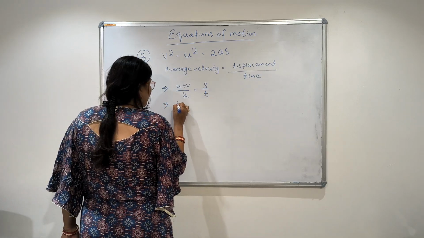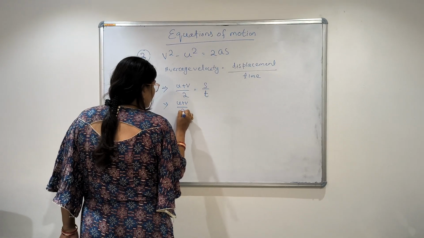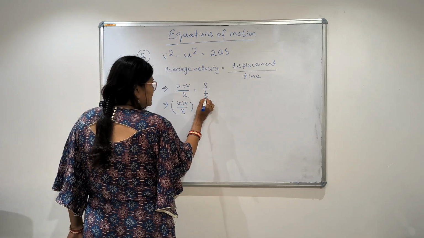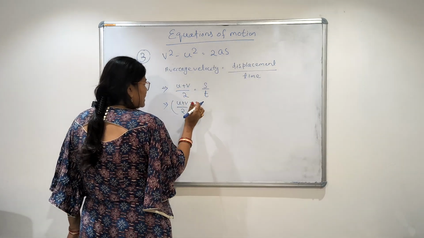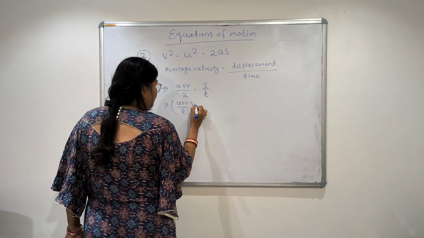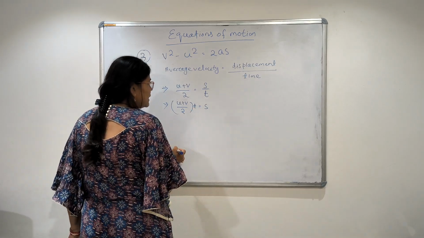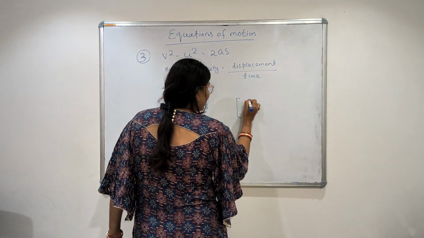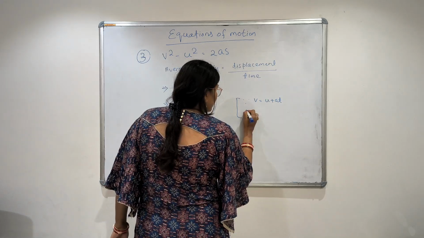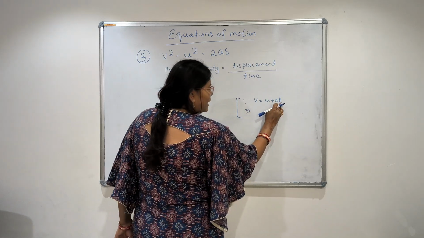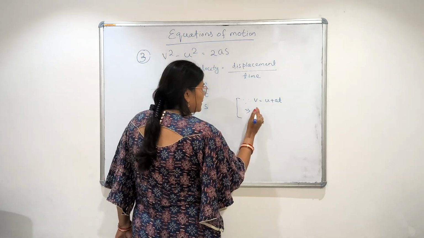This implies u plus v by 2. Here t is divided. When it comes to LHS, it can be multiplied, is equal to s. Again, from first equation v is equal to u plus at. So from here we can get the value of t.